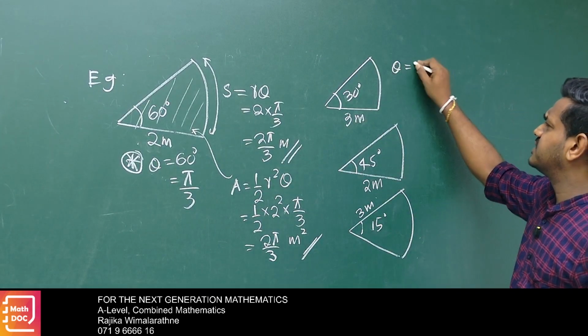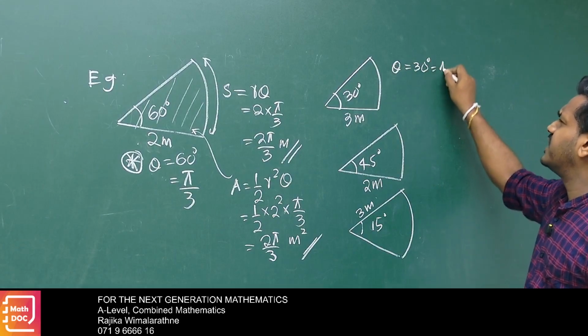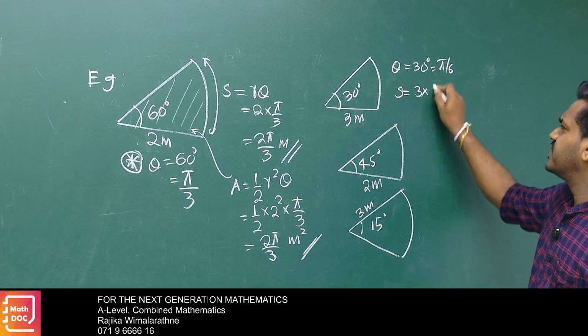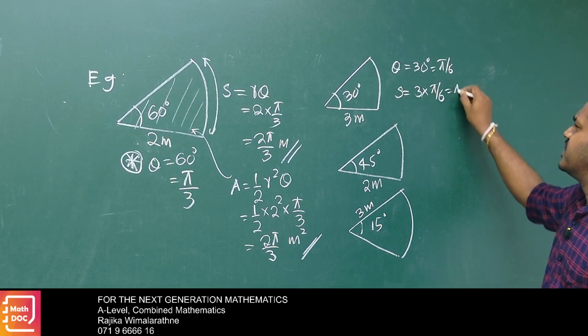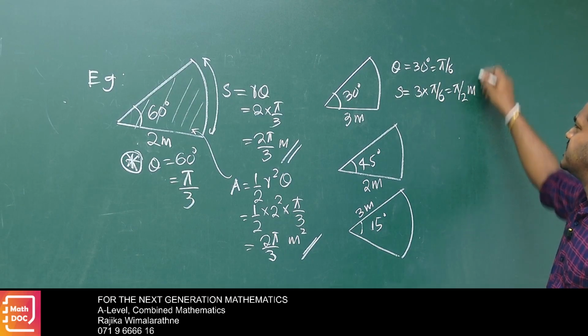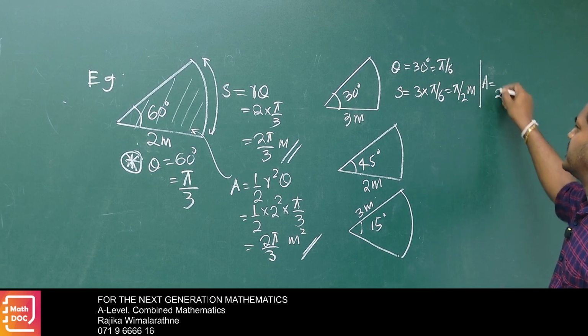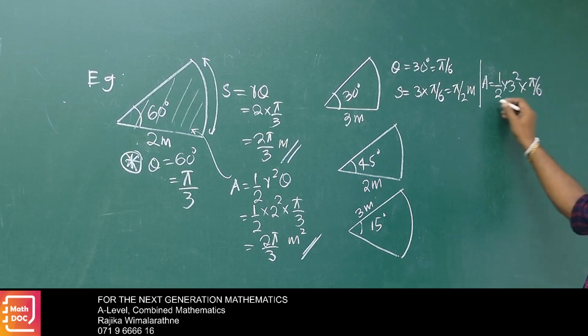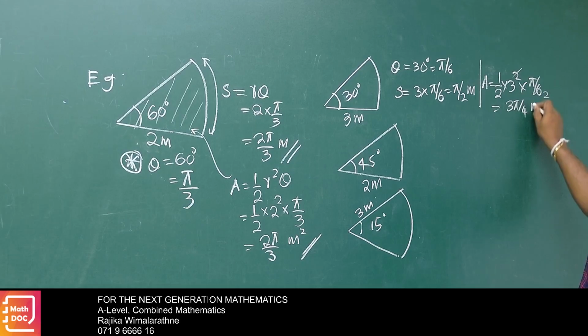Here theta 30 degrees means pi divided by 6, S equals r theta, and pi over 2 meters, area half r squared theta. Then simplify, 3 pi divided by 4 square meters.